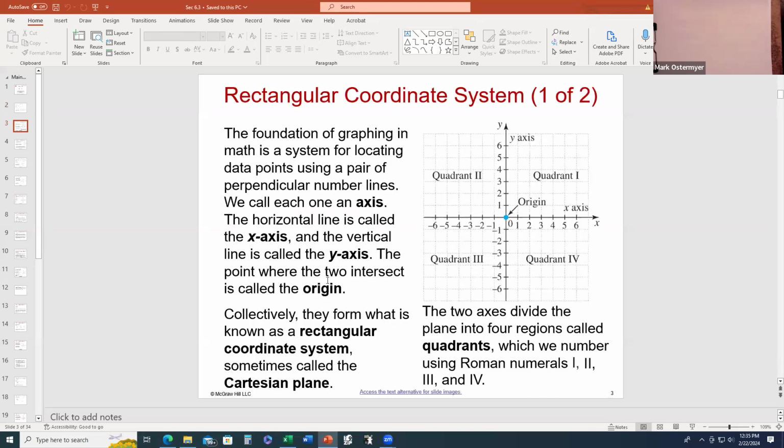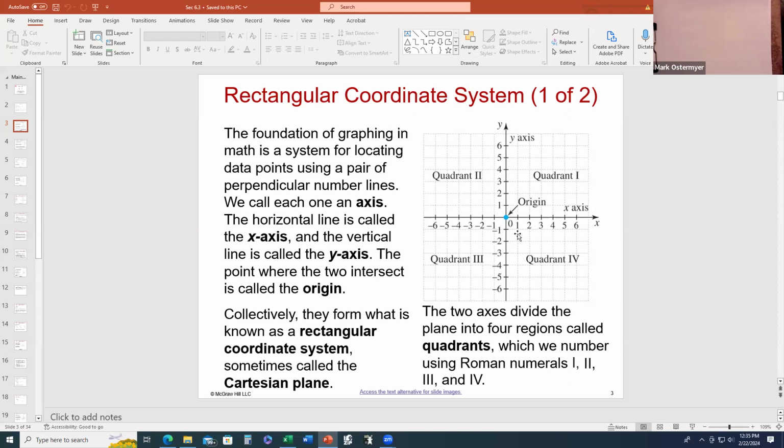Okay. So ladies and gentlemen, this is the XY plane. Notice it has a horizontal number line, which oftentimes, but not always, is referred to as the x-axis. It has a vertical number line that is perpendicular to the x-axis. This vertical number line oftentimes, but not always, is referred to as the y-axis.